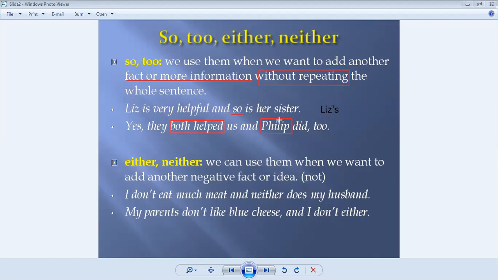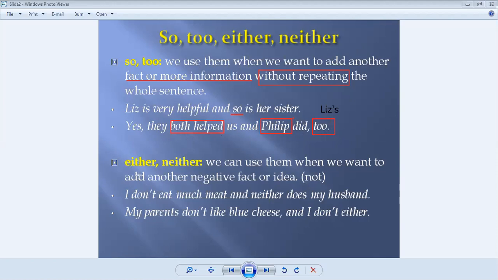How many people are we talking about here who helped me in total? Three. That means both plus Philippe. So instead of repeating, we say Philippe did too. That's how we use so and too.